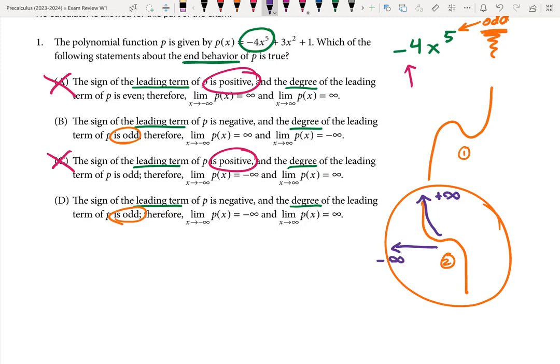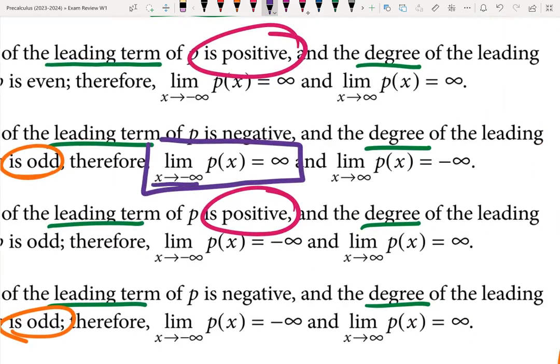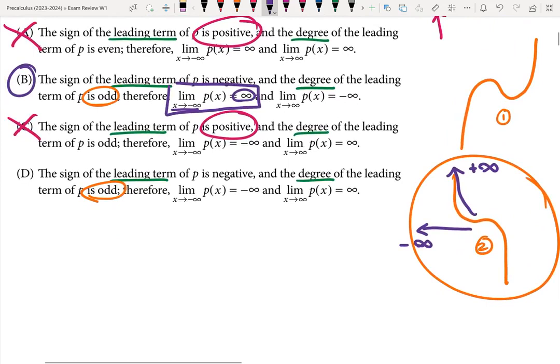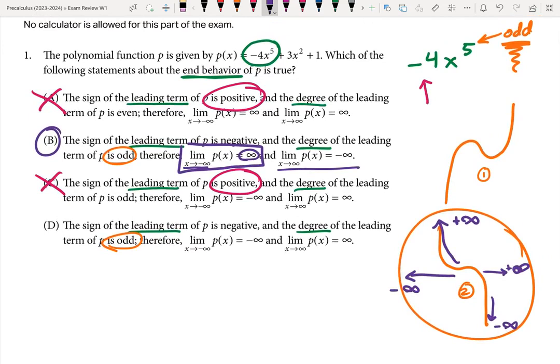B. We see that right here. We can double check the other side, but that is also true. As x goes to positive infinity, our function goes down to negative infinity, and that also matches with the right-hand end behavior. So, we can think through these problems.